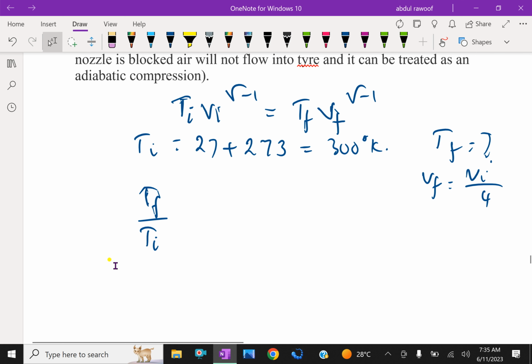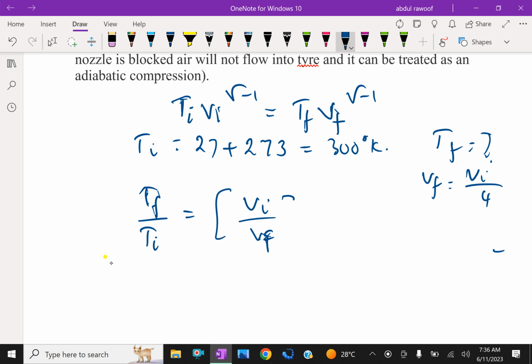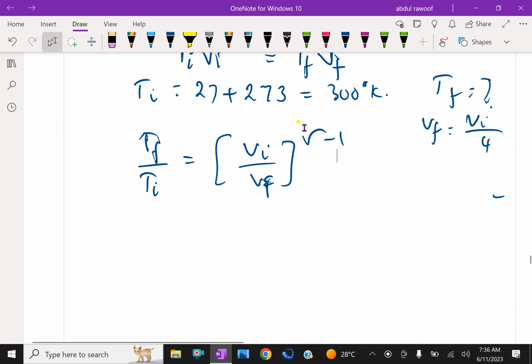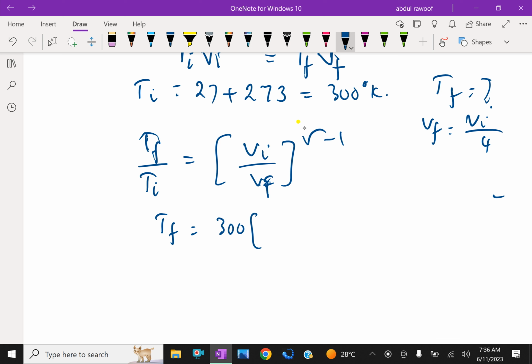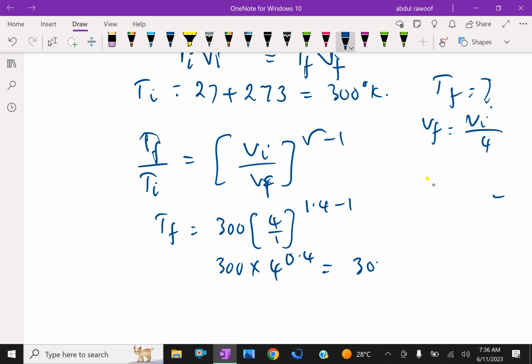From this relation we can get T final over T initial equals V initial by V final to the power gamma minus 1. Therefore, T initial is 300, V initial by V final is 4 by 1, so T final equals 300 times 4 to the power 1.4 minus 1, which is 4 to the power 0.4.